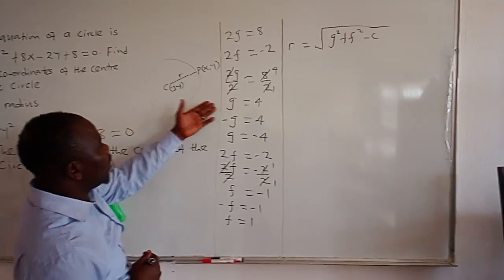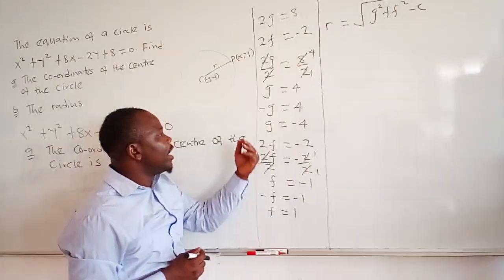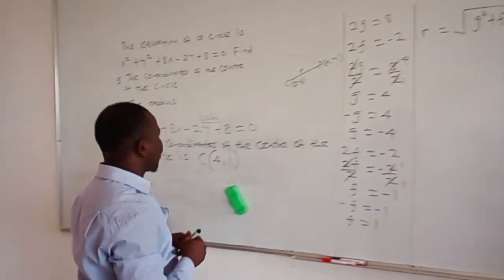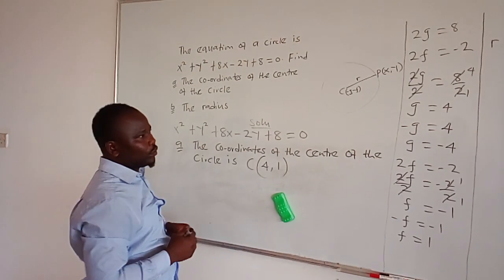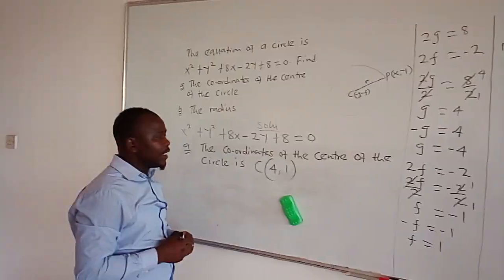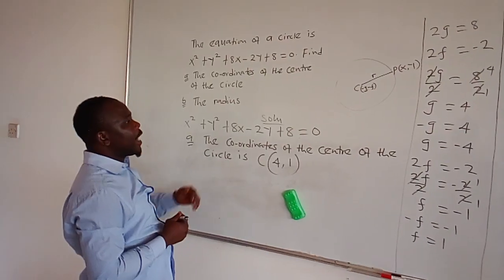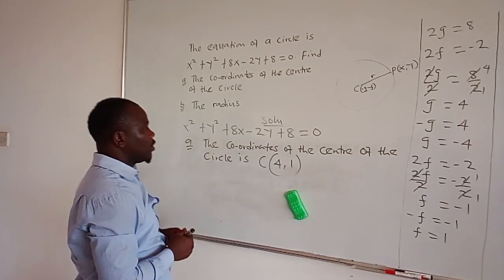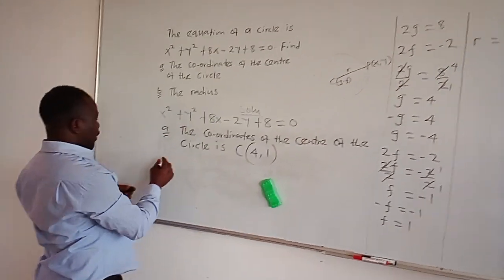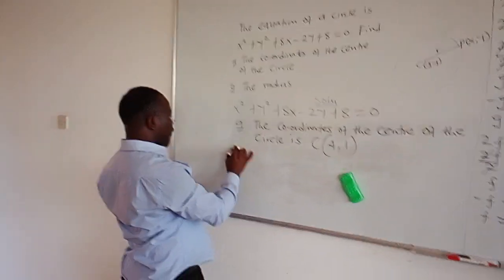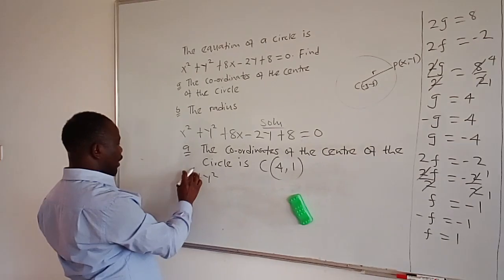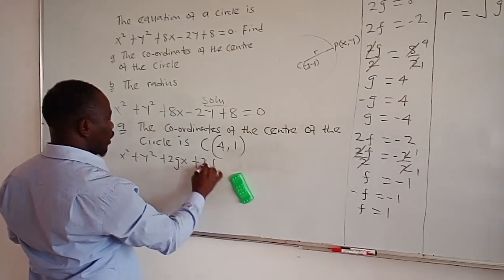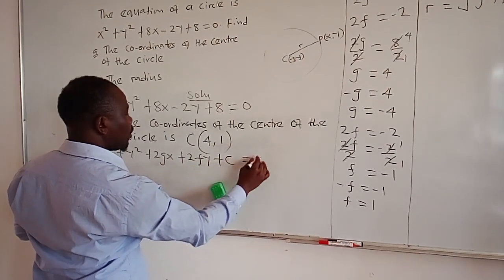Now, we are able to obtain our g and we are able to obtain our f. The c is unknown, but you can obtain your c by equating this equation with the general equation of a circle, x squared plus y squared plus 2gx plus 2fy plus c equals 0.